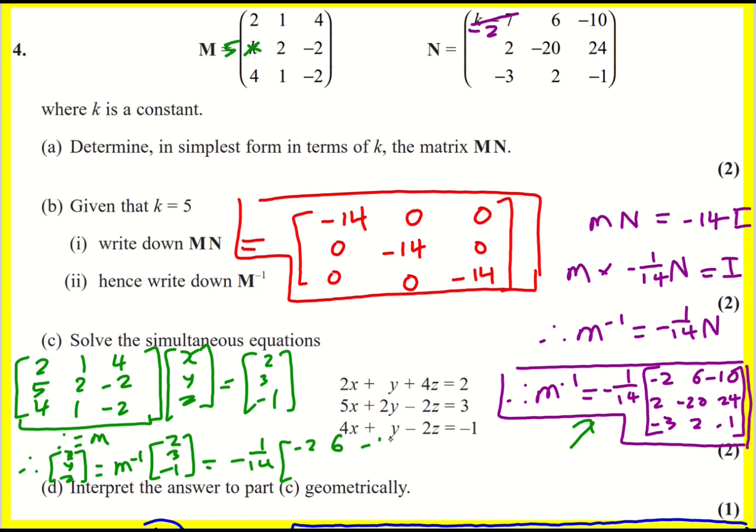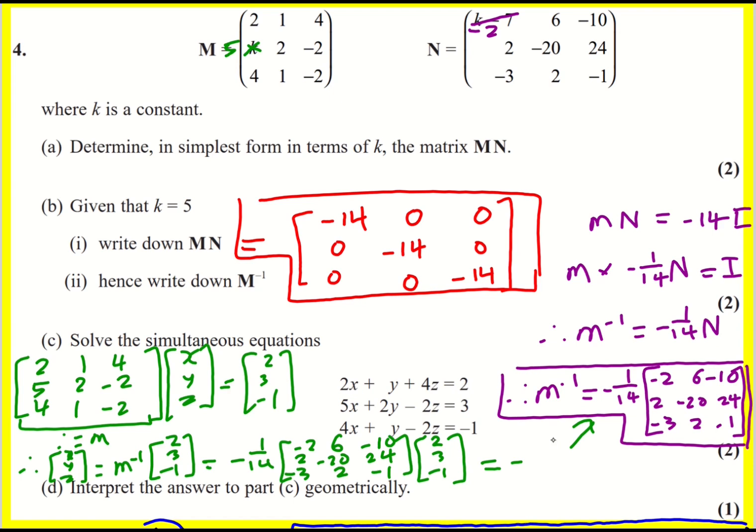Sorry, I'm running out of space to fit it in. And you've got two options. You can either do this by hand, just like before, or you could even put it in your calculator.